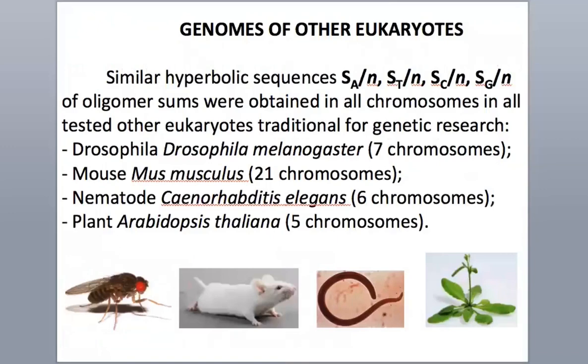Similar hyperbolic sequences of oligomer sums were obtained in all chromosomes in all tested other eukaryotes traditional for genetic research.